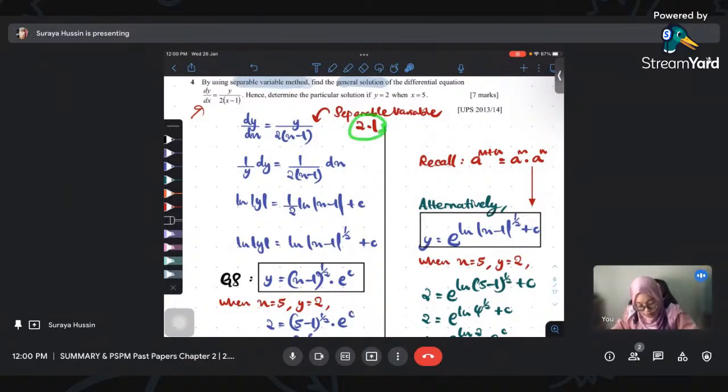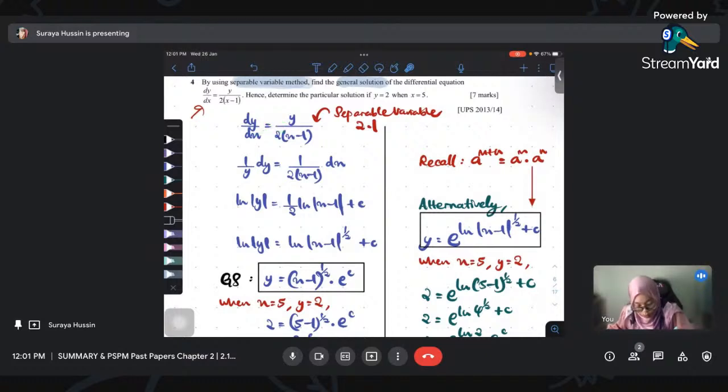So 2.1, it's a separable variable. How do I know it? Because kita ada unsur bahagi. Kita ada operasi bahagi. This is unsur lah. Saya sebut unsur sebab senang nak bagi faham. Yang kita boleh separatekan dia dengan menggunakan cross multiply. So you cross multiply, you will bring y down.